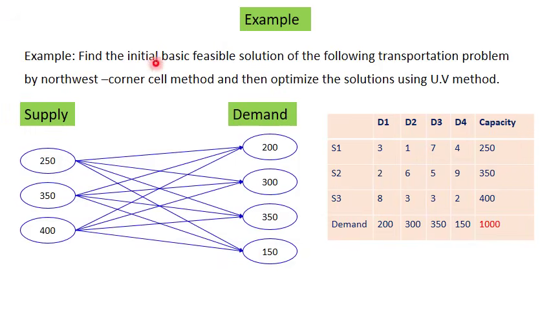Let's take this example. These are the supply side. We have three sites for our supplies, and we have 4 demand sites. Find the initial basic feasible solution of the following transportation problem by the northwest corner cell method, and then optimize the solution using the UV method. We have 3 supplies and 4 demands.